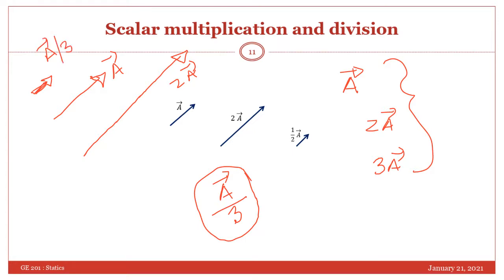So this is vector A divided by 3, or 1/3 times vector A. This is called scalar multiplication and scalar division. By scalar multiplication and division, you either increase or decrease the magnitude of the vector.